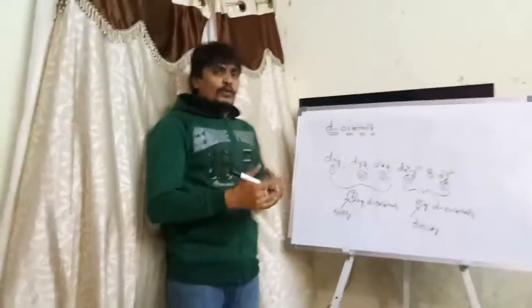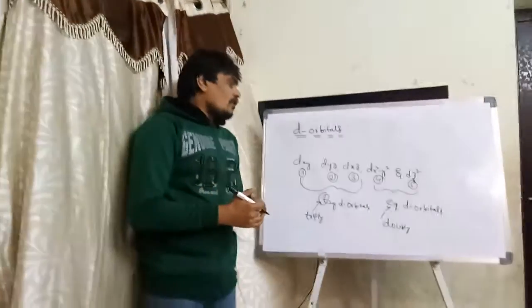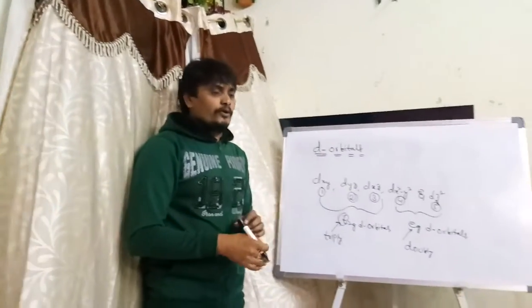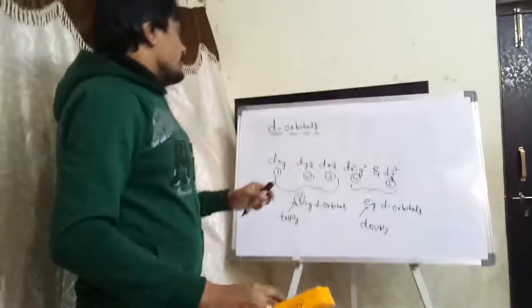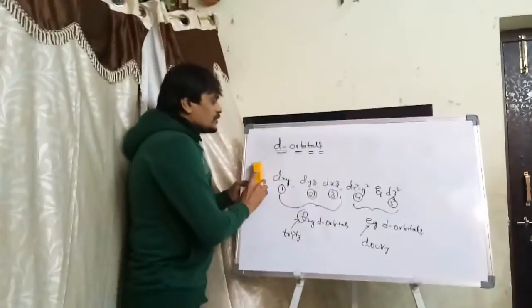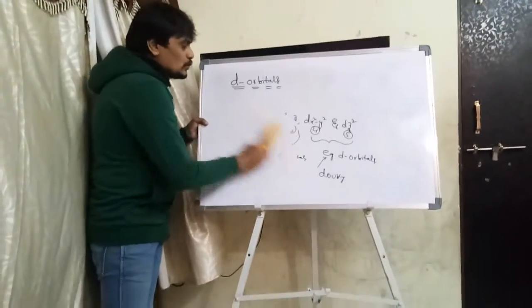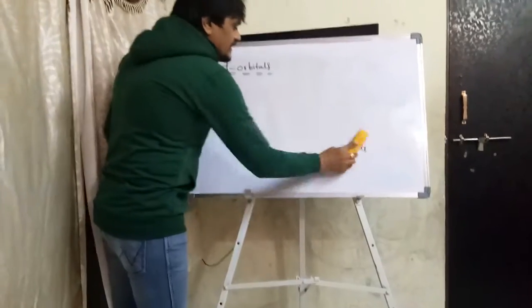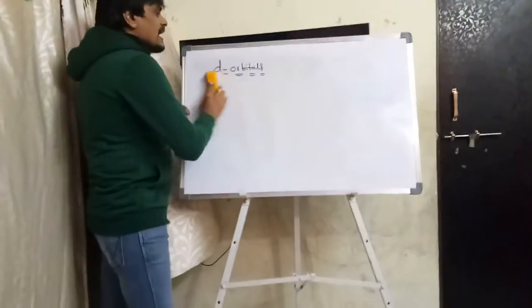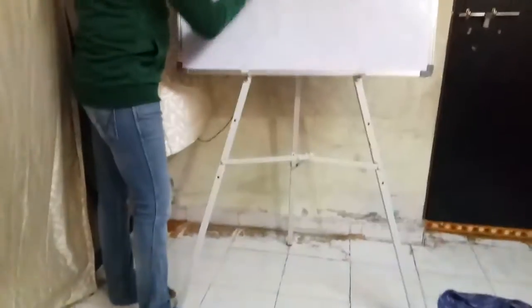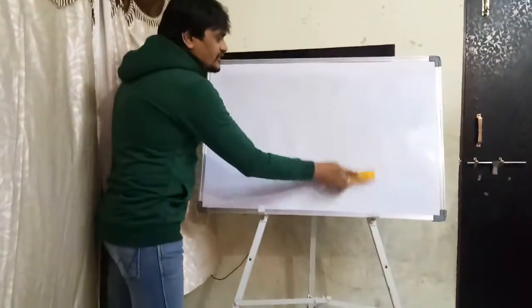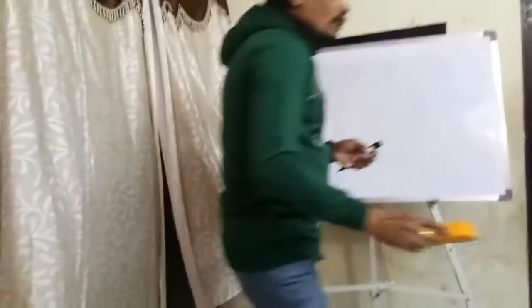Now I will throw some light on the structure of every d orbital. Do remember that the d orbitals have been classified into 2 types: the T2g set of d orbitals and the Eg set of d orbitals. Now let us focus on what is the structure of each d orbital.